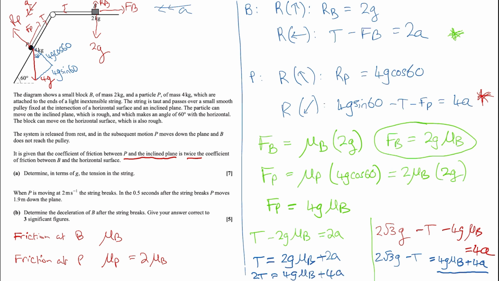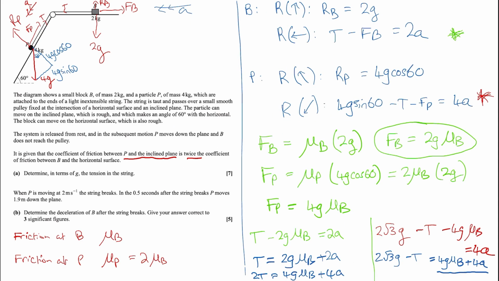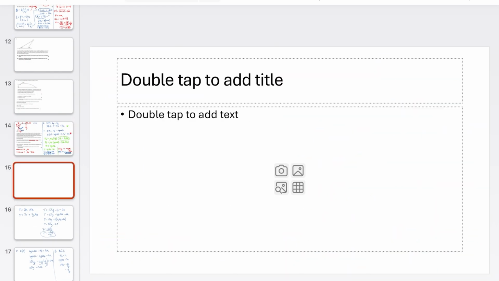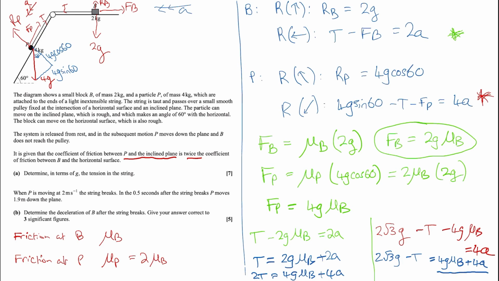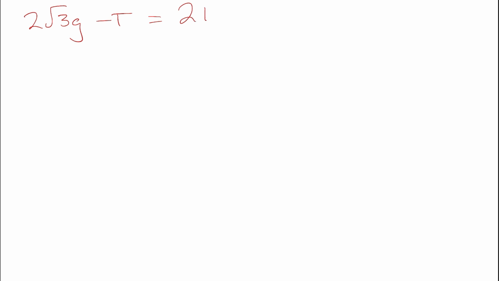So what we can say now is that, I'll go onto another screen. One second. So we'll just go add slide, there we go. Okay, so what we can say now is that 2 root 3 G minus T is just equal to 2T.